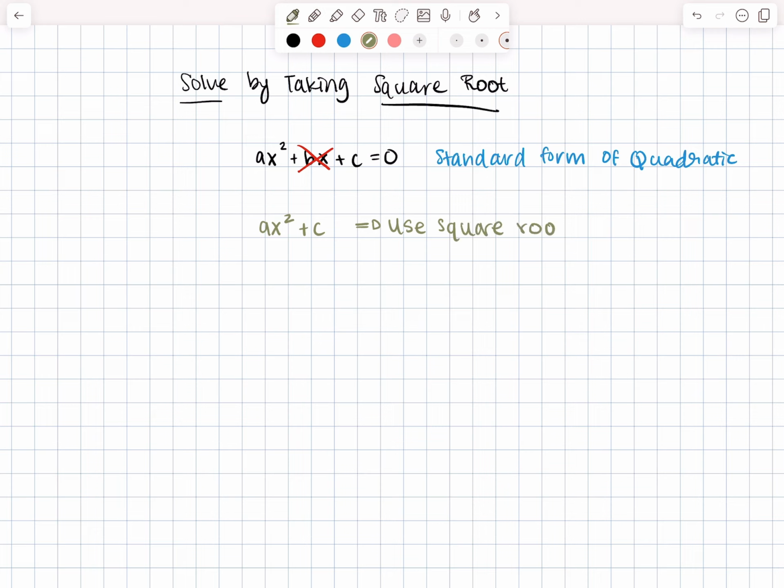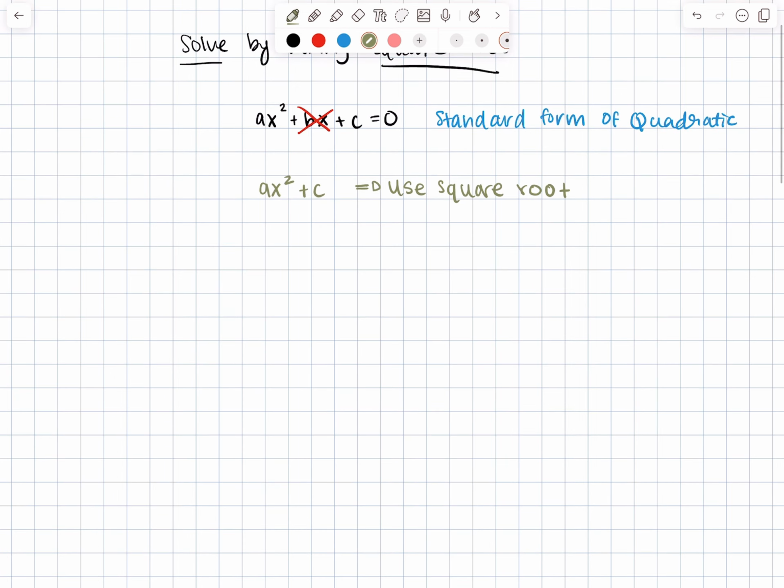And there's another part to the square root method. You have to make sure that the a value and the c value can be square rooted to give you whole numbers. So what does that mean? When we have numbers like 81x squared plus, let's say, 16, this is the a value, and this is the c value.